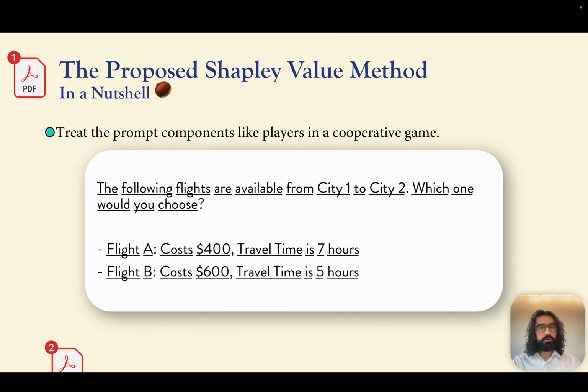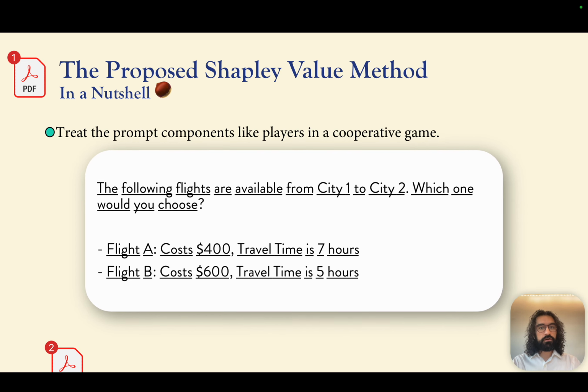With this, let's have a look at some example outputs of the Shapley value method. Going back to the prompt that I showed earlier, let's look at an intuitive graph. If you were to choose between these two flights, you would probably pay a lot of attention to the price and travel time, and the fact that the travel time is expressed in hours, so the unit is hours.